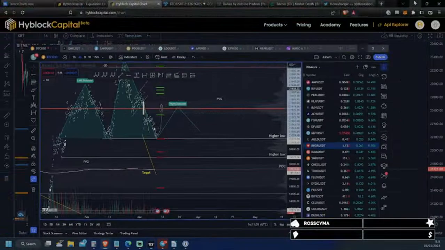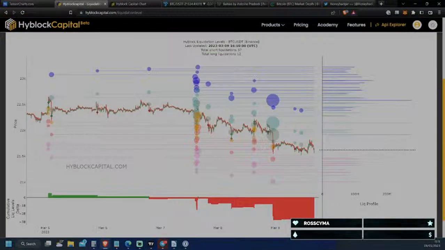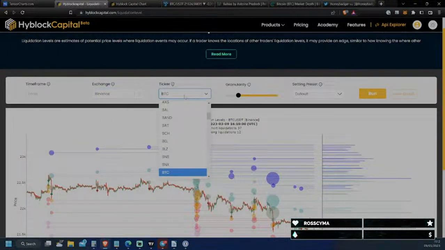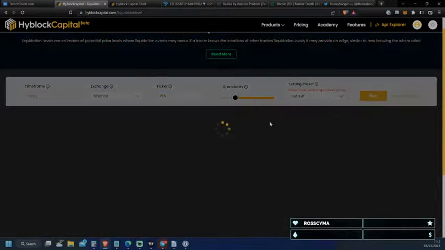Yeah, exactly. We've cleared out a lot of that long pool liquidity, and if we look at other coins as well, let's throw up some random shit coin like Ren, we can also see that we giga nuked on altcoins.